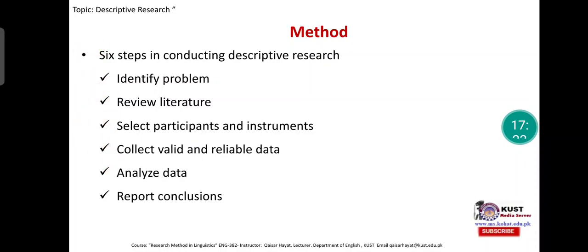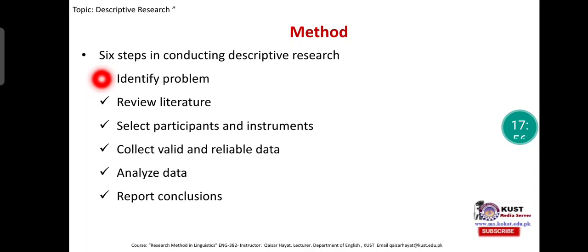Just like every research, first of all, you have to identify your problem. Students, when you understand your problem, when you pinpoint your problem, only then can you go deep into the research. What is the problem that you are addressing, that you are studying? The problem should be worth researching, really able to be researched. Identifying the problem is one of the most important parts of research.